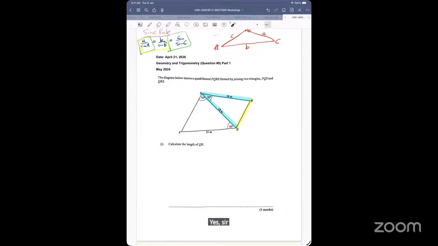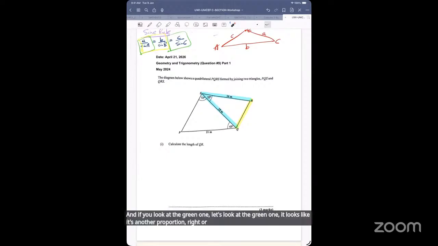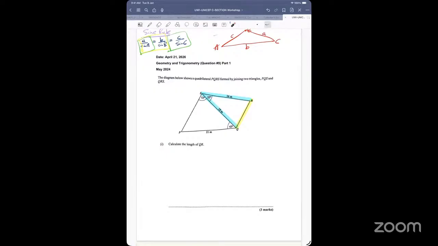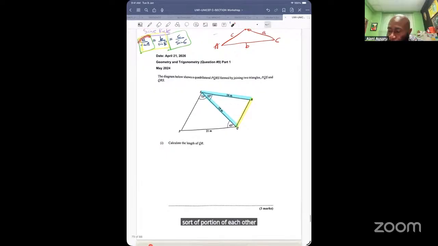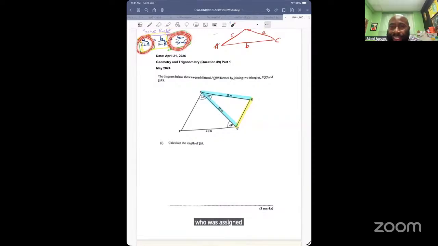If you look at the green one, it looks like another proportion, right or wrong? You know what a proportion is? 2 fractions that are equal, right? A over sine A equal to C over sine C, correct?